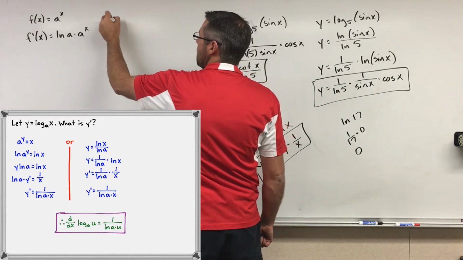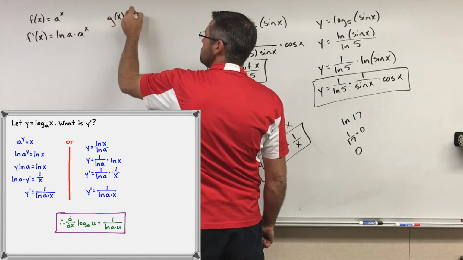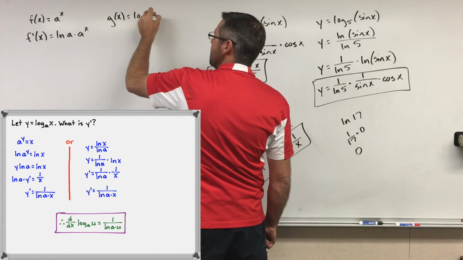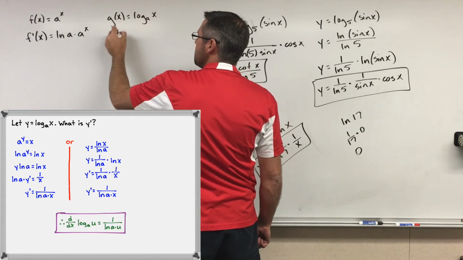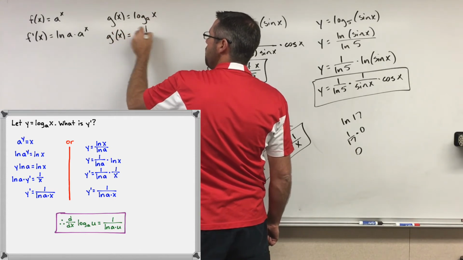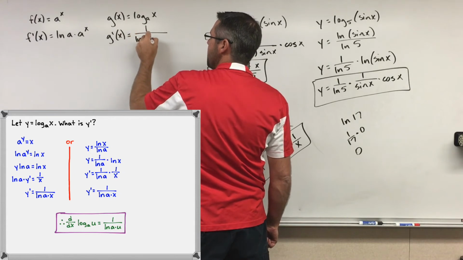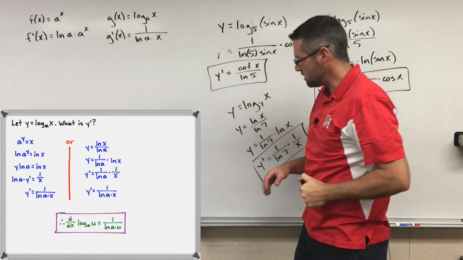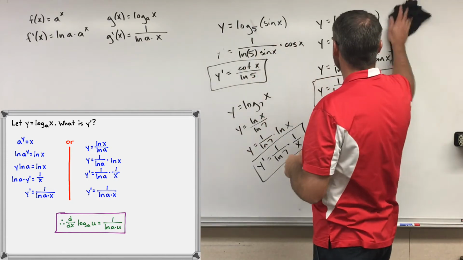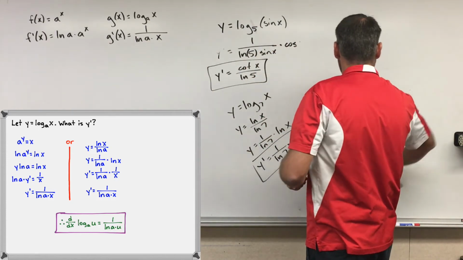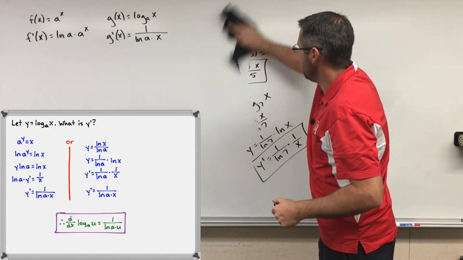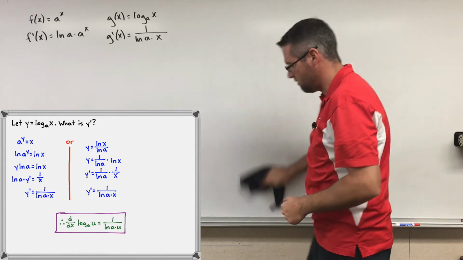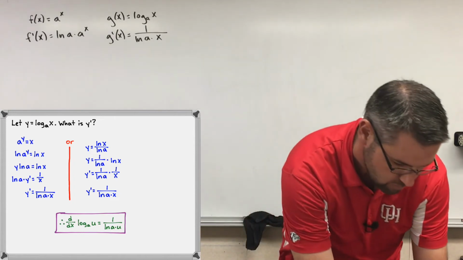Then if g of x is equal to log base a of x, then the derivative of that is 1 over the natural log of the base times the argument. So those are ones you want to commit to memory, but know where they come from as well. Let's take a look at some examples of where we might see these.